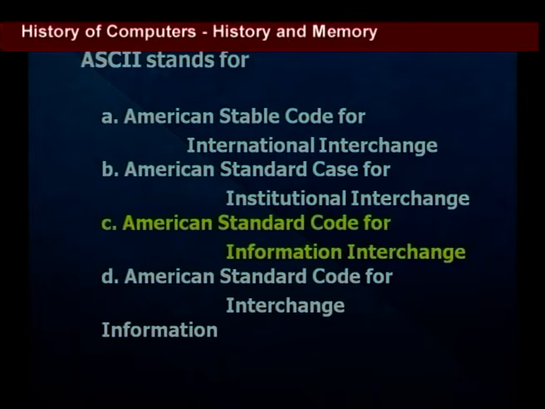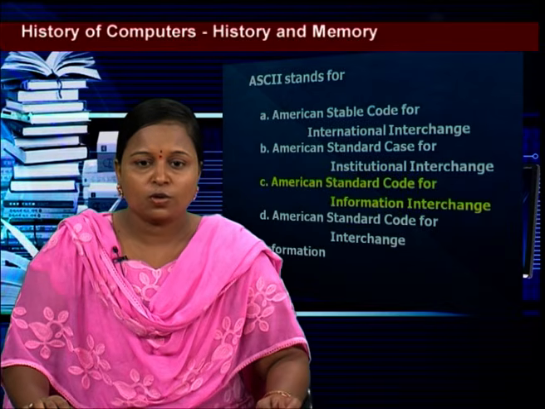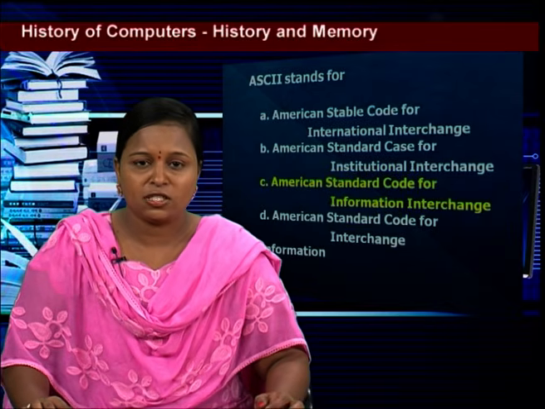Next, coming to the next question. ASCII stands for, ASCII is a computer programming related term, the ASCII values. ASCII values means binary codes, which consist only of zeros and ones. ASCII is the abbreviation of American Standard Code for Information Interchange.